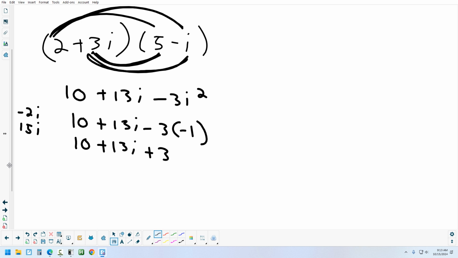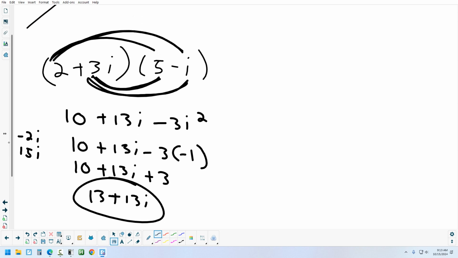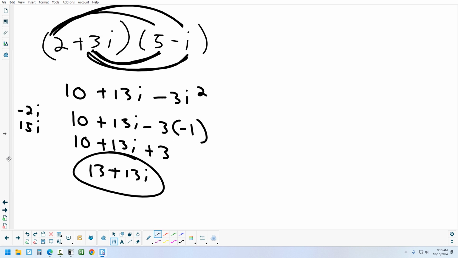So what do I get for a final answer? Yeah, 13 plus 13i. Good. Just a coincidence, the real and imaginary part are the same. That usually doesn't happen. Okay, but remember, i squared is not simplified. So we need to make sure you change that to -1 and then combine it with, usually you have another number you can combine it with. So that would be a proper final answer.